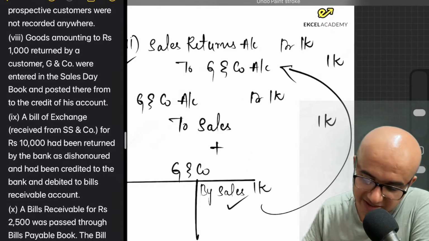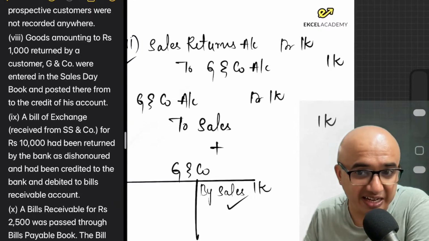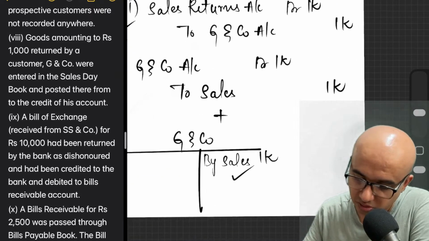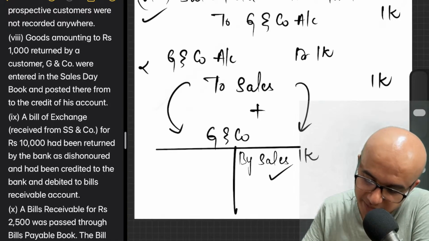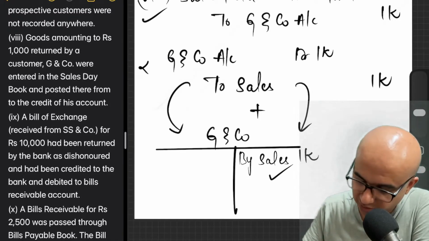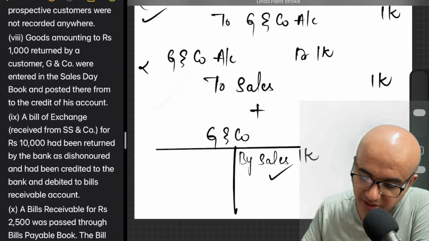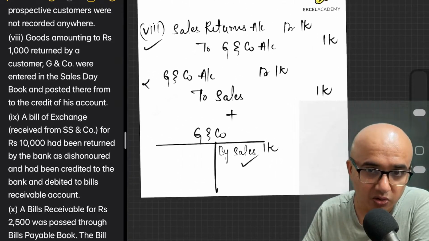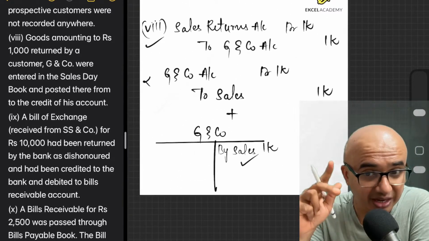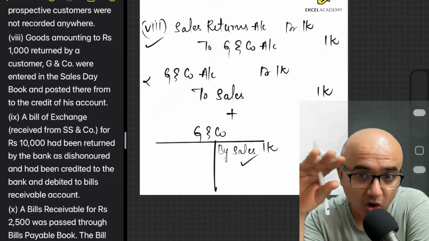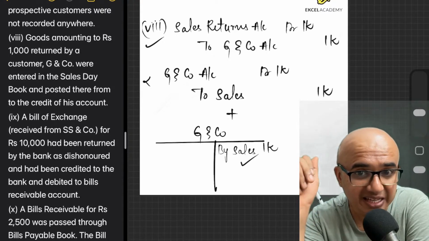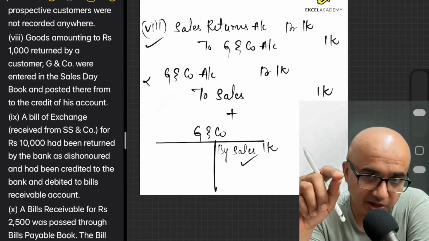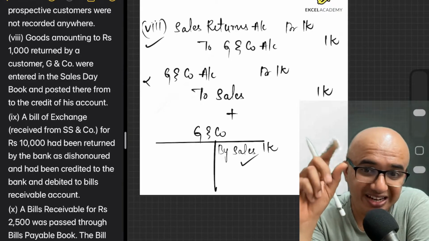But in any case, it would be on the credit side. Whereas now, by passing this wrong journal entry, they again made a mistake while posting it to G and Co's ledger. So therefore, G and Co's account, because of the double negative or double mistake, has been automatically rectified. So you don't have to touch it. It's nothing but a compensating error only with respect to G and Co's ledger.